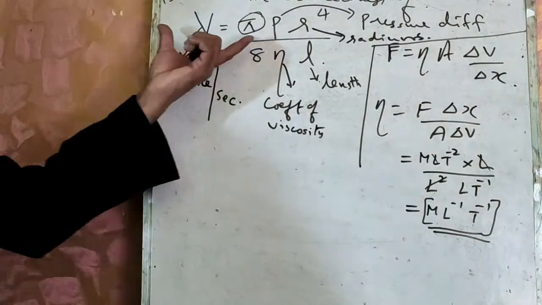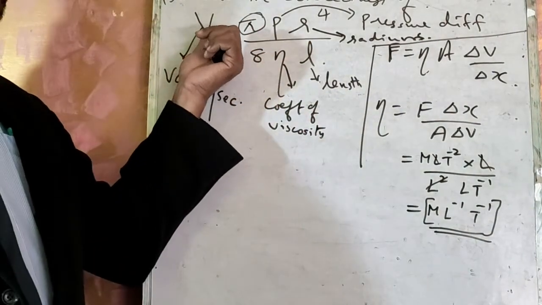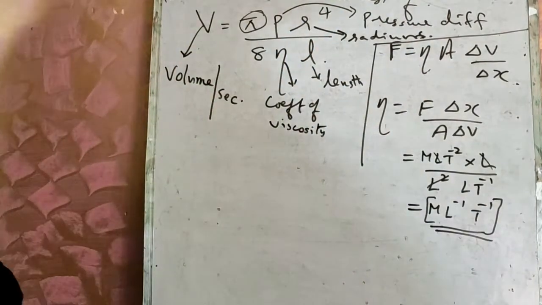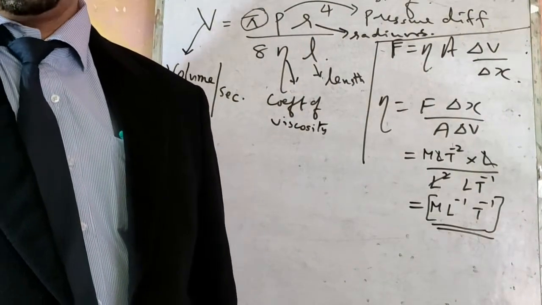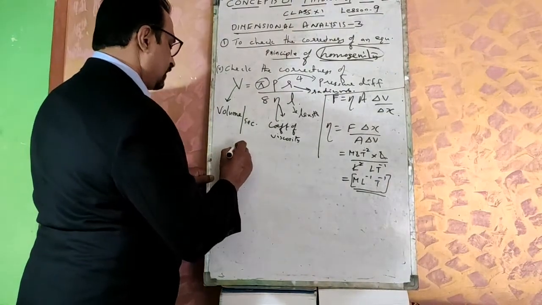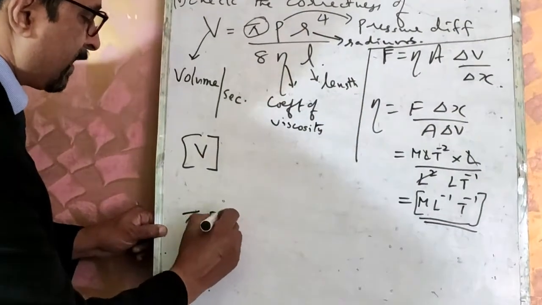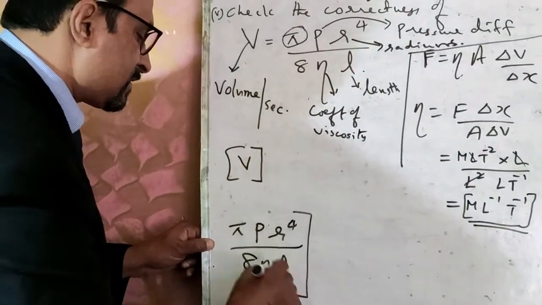Now how many terms can you see in this equation? There are only two terms. One is volume per second, another one is this full right hand side, that is a single term. Because already I told you, terms are separated by plus sign or minus sign, not by multiplication or division. If the equation is correct, then the dimensional formula for V and the dimensional formula for pi P r raised to 4 by 8 eta L must be the same.